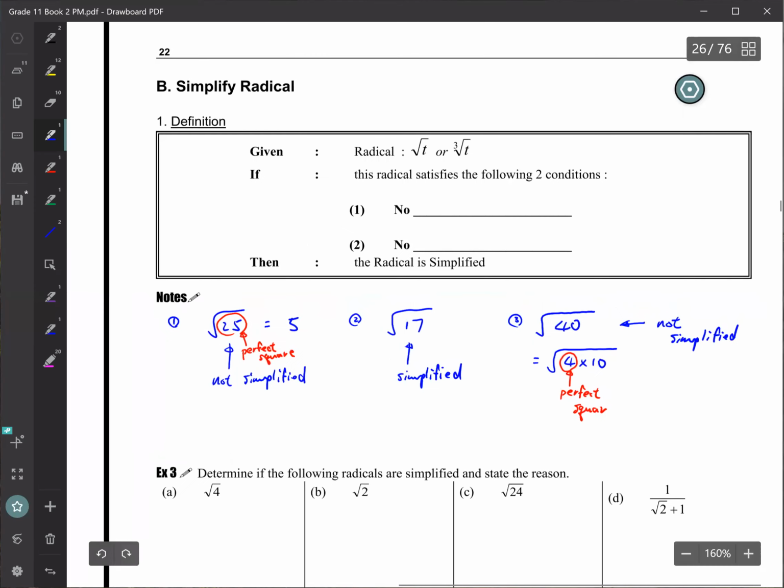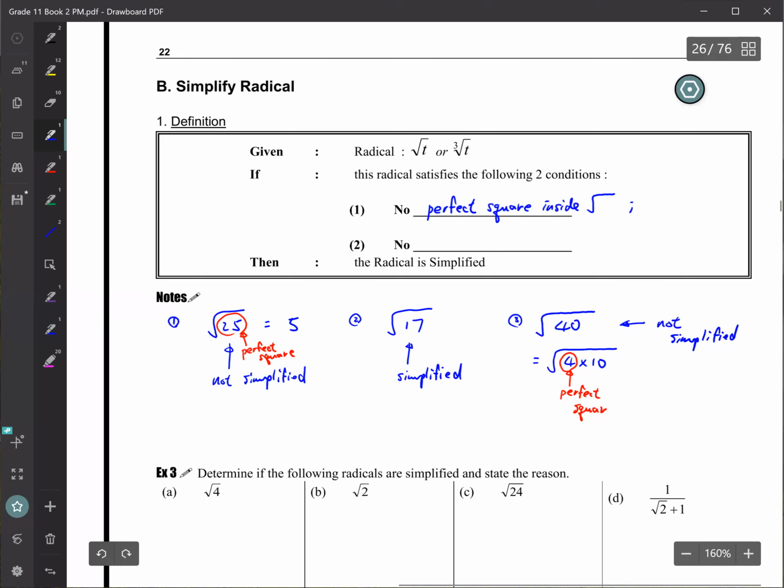Okay, page 22. When you finish writing, you can raise your hand, okay? So we know we can try some questions. So our first condition is to make sure there is no perfect, okay, fill this in, no perfect square inside the square root, okay?